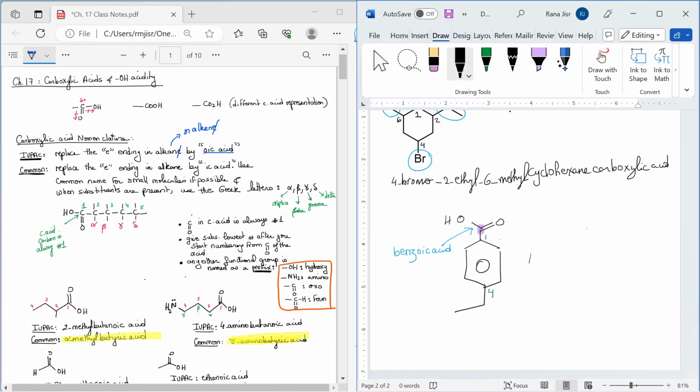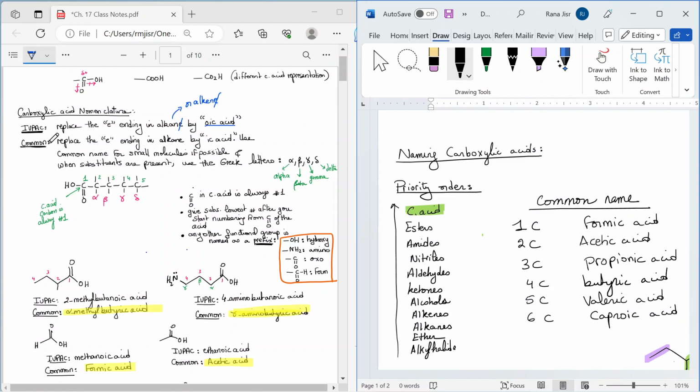So the name is going to be para-ethyl benzoic acid. In this case, the benzoic acid is going to be the common root for the name. This is why I'm starting with 1 in the benzoic acid and ending up with 4 in the ethyl.